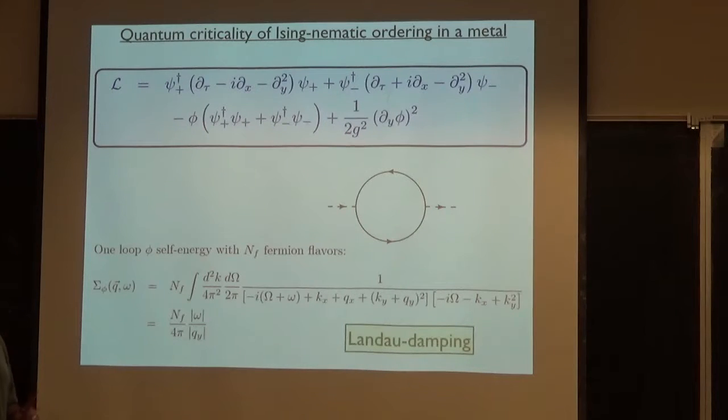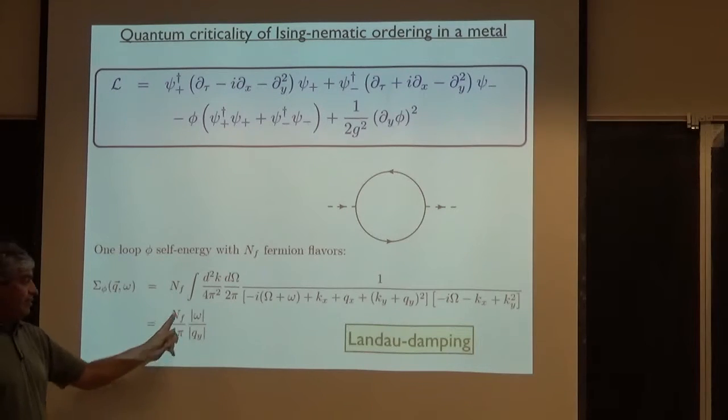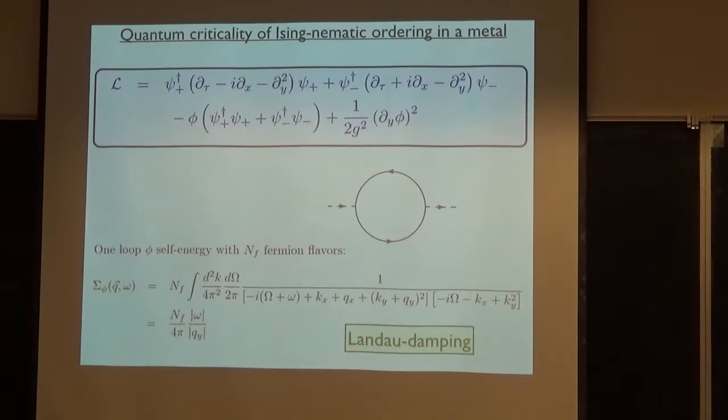And sure, if you go and open your Fetter-Walecka and do this whole calculation using the full song and dance of the Lindhard function, the whole Fermi surface, you take omega and q, you get exactly the same answer with the same factor 1.45. So the patch theory really captures many things exactly, and also makes the structure of the theory very clear.